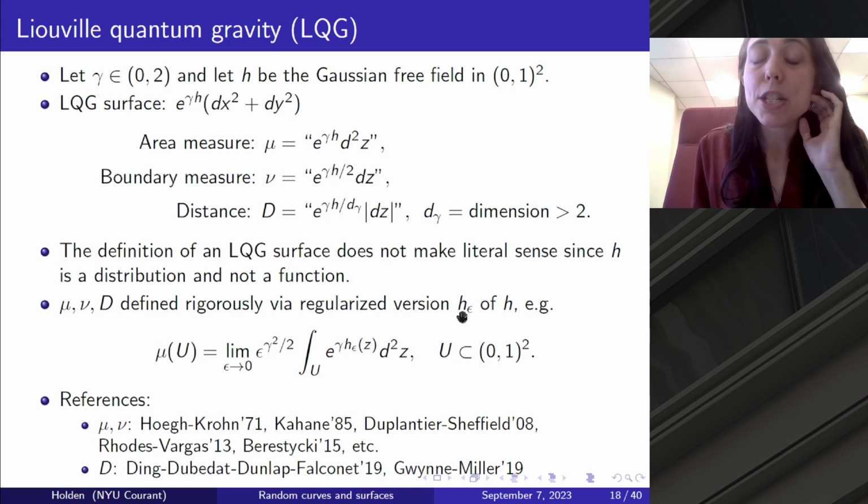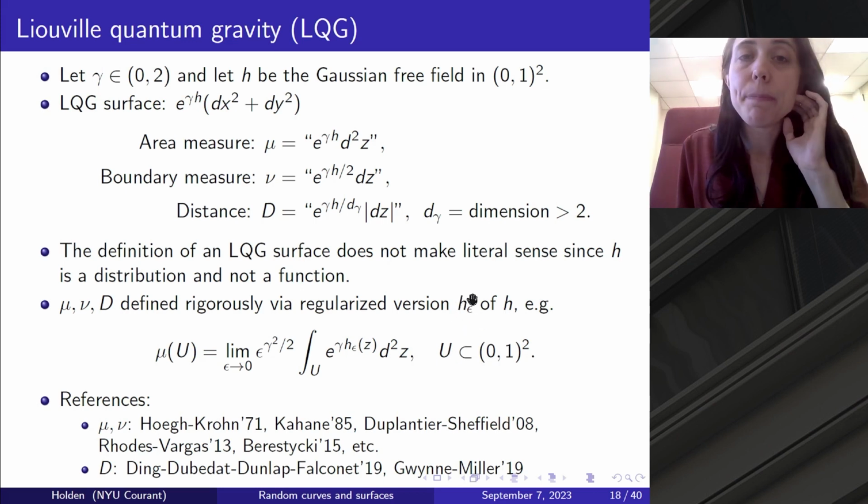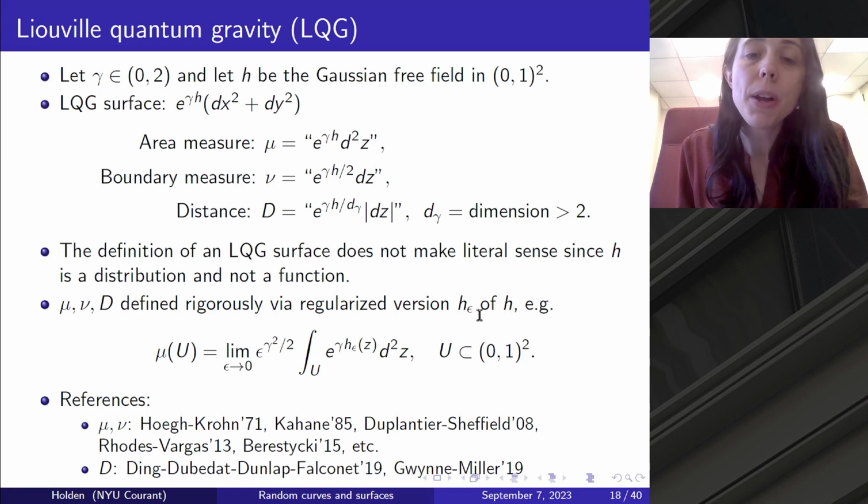So the idea is that we let h sub epsilon be some distribution which can be viewed as an approximation to h, such that h sub epsilon is converging in some sense to h when epsilon is set to 0.